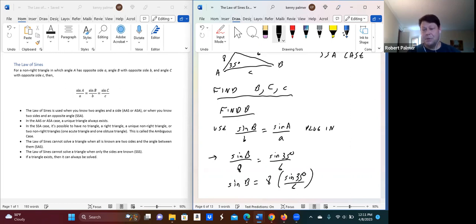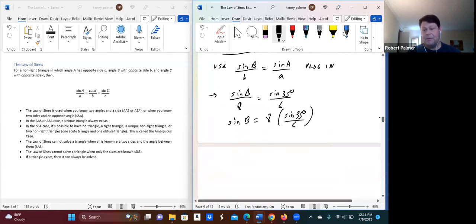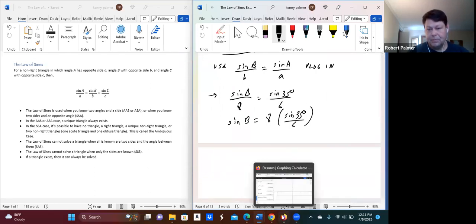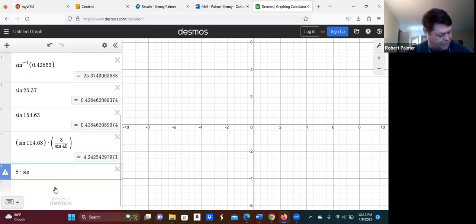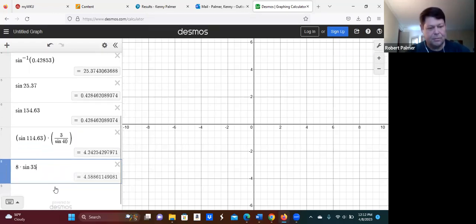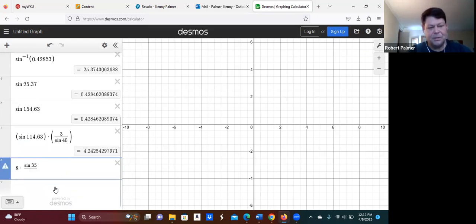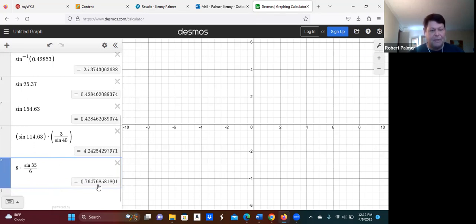And once again, let's go to Desmos to approximate that, about 4 or 5 places. So 8 times the sine of 35 degrees divided by 6, and that's approximately, to 5 places, 0.76477.